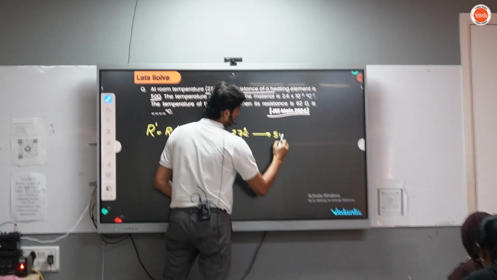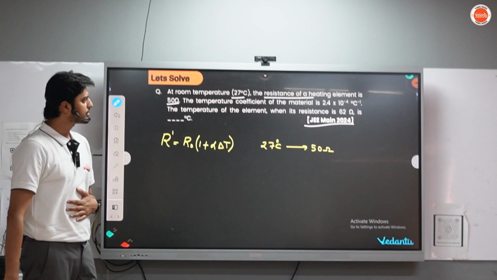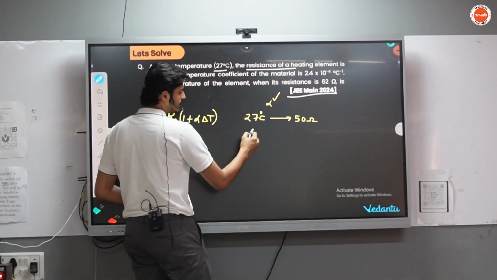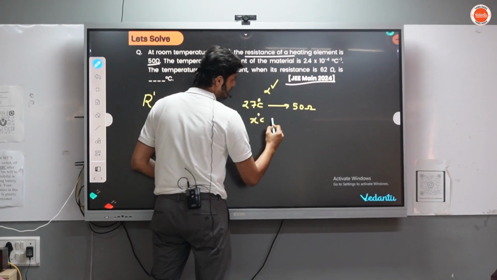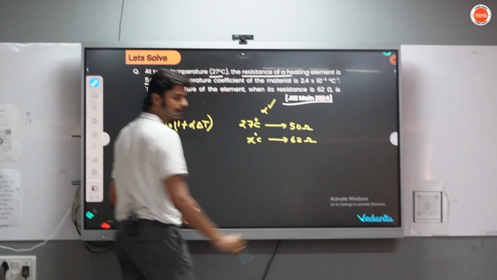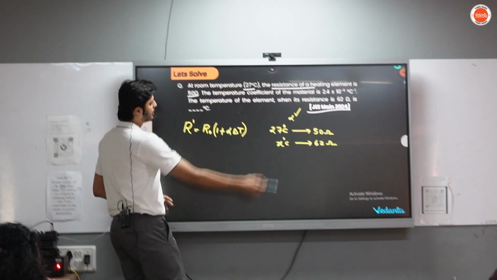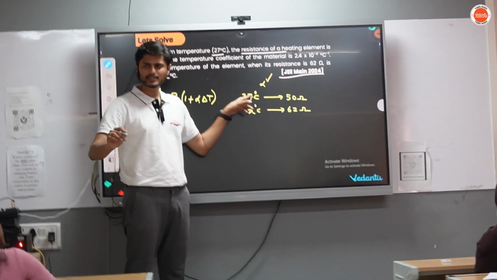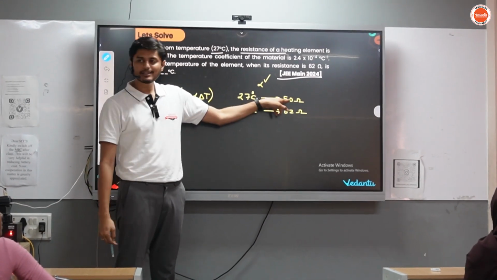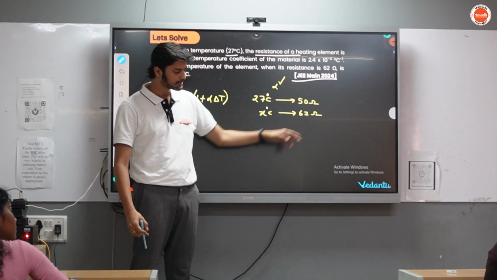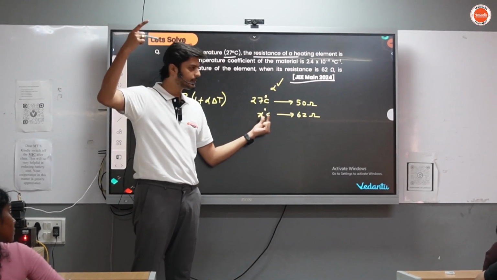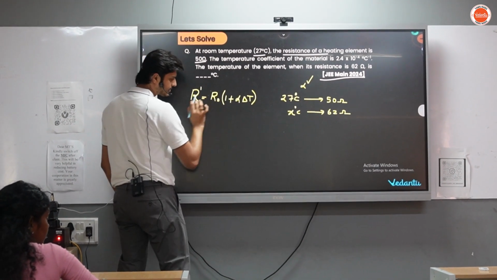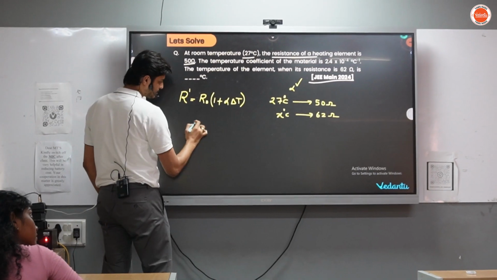First, 50 ohm resistance is given, right? The temperature coefficient alpha is also given. They ask for the temperature x degrees Celsius when the resistance becomes 62 ohm. Nothing else is there in this. Now put all the values. Initially it was 27 degrees Celsius with 50 ohm resistance. As the temperature X increases, the resistance also increases.